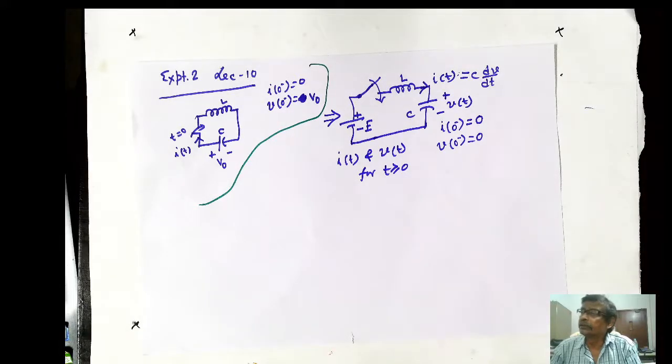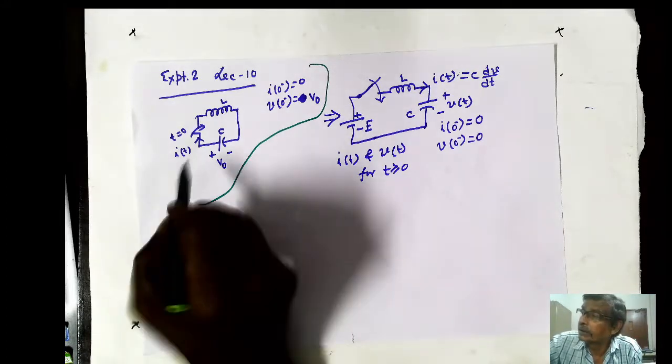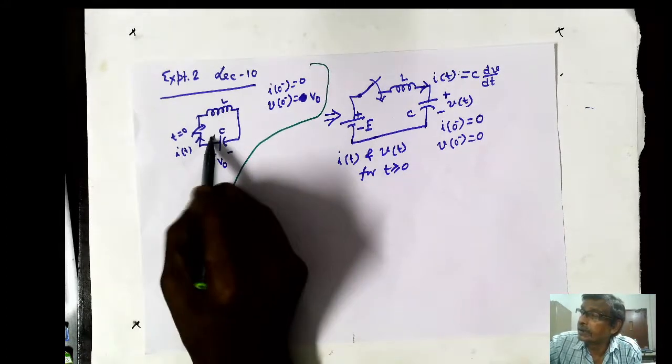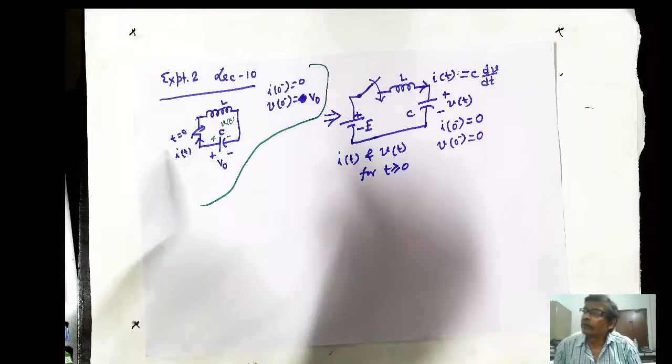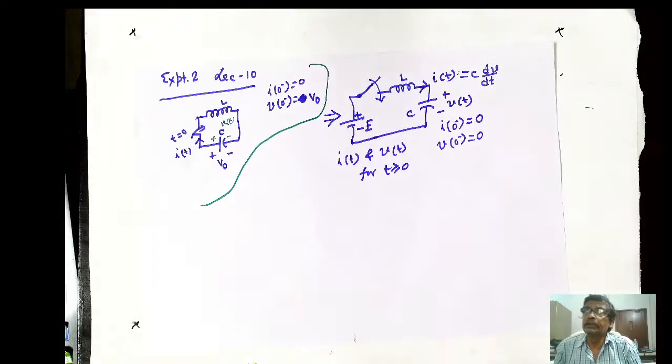We found the solution of voltage across the capacitor plate and current at any time t, and we found that there will be sustained oscillations, with no decay.